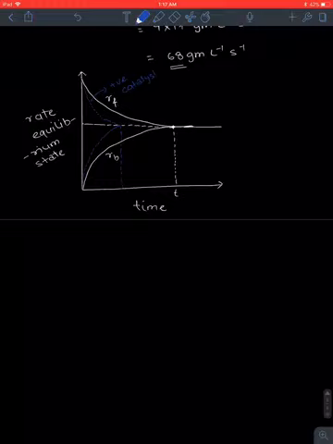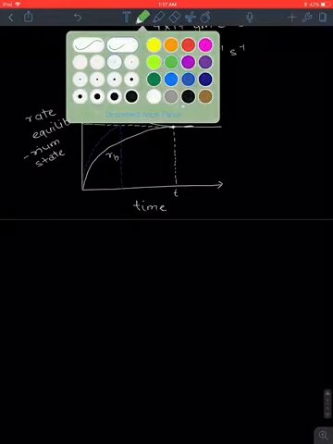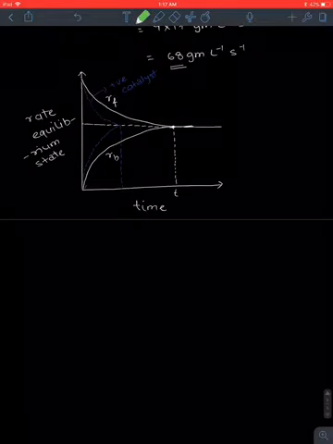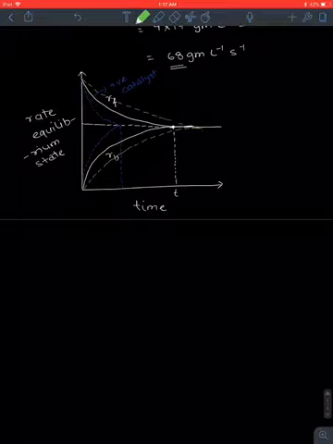Only the time taken to attain equilibrium is decreased in case of positive catalyst. And if I'm having a negative catalyst, it will decrease the rate of reaction, means the time taken to attain equilibrium will be more, and the equilibrium state will not be affected, means equilibrium state will be as it is. So this is our negative catalyst.